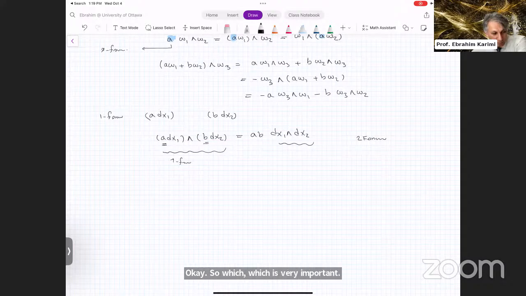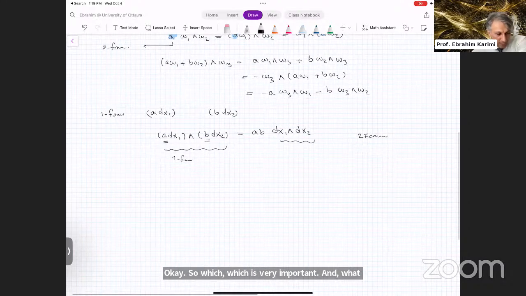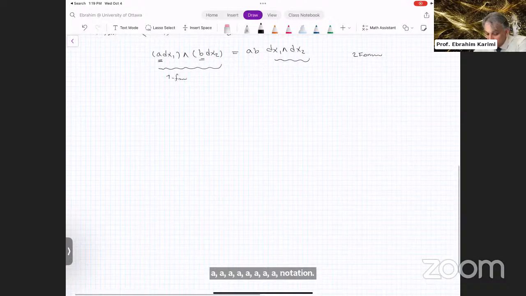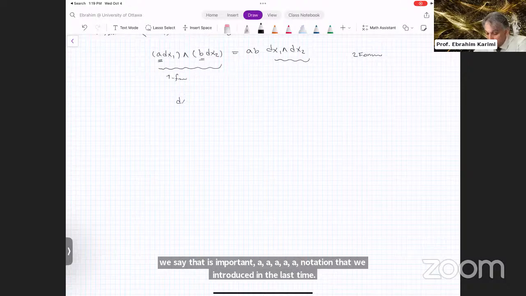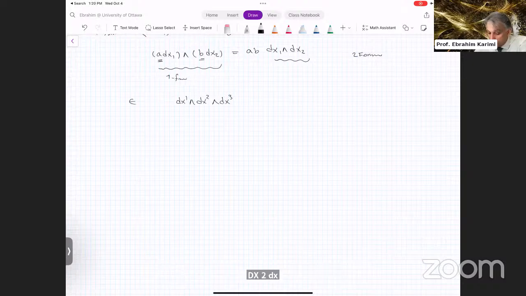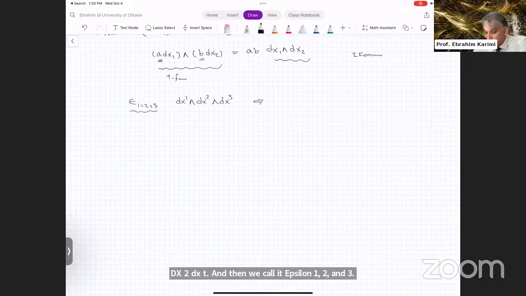And what we also discussed, and we say is important, is the Levi-Civita notation. The Levi-Civita notation that we introduced last time was in the 3-dimensional space of x, y, and z, and we call it dx1, dx2, dx3, and then we call it epsilon 1, 2, 3, or you can go in a general form as epsilon i, j, k, and then you have dxi wedge product of dxj wedge product of dxk.